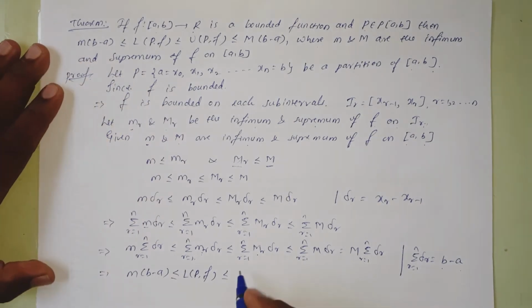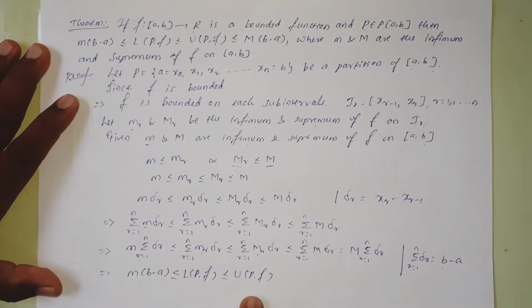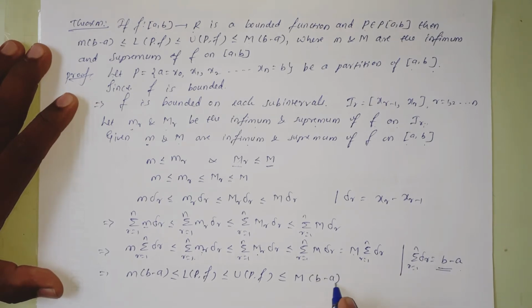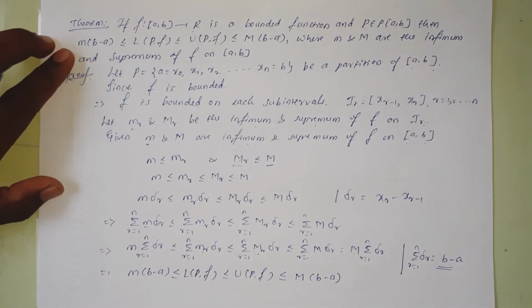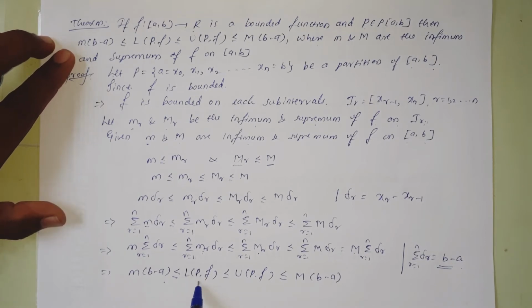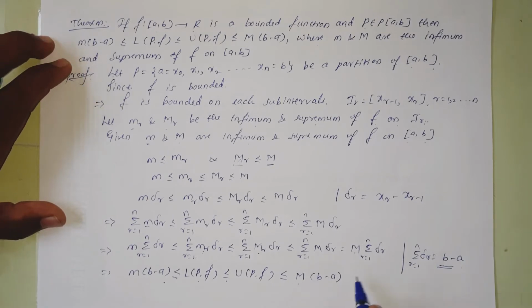So, by using the definition of upper Riemann sum, this can be written as UPF, and this is less than or equal to capital M into summation over R is equal to 1 to n delta R, which is B minus A. So, here it is the desired result, that is small m into B minus A less than or equal to LPF less than or equal to UPF less than or equal to capital M into B minus A.